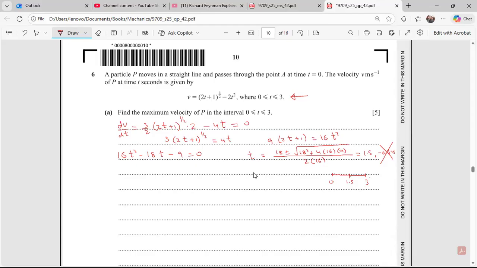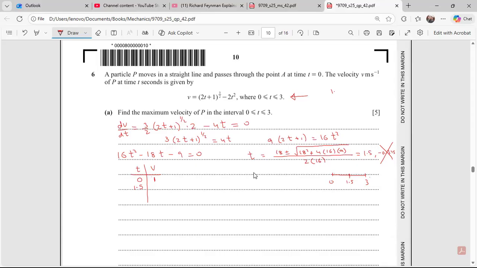Okay, so let's calculate the speed at 0. When time is 0, how much is the speed? Time is 0, so 1 power anything is 1, and then this is 0, so this is going to be 1 only. When the time is 1.5, 1.5 times 2 is 3, 3 plus 1 is 4, 4 square root is 2, 2 to the power 3 is 8.